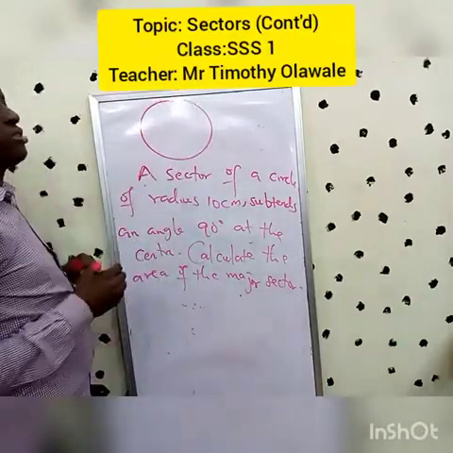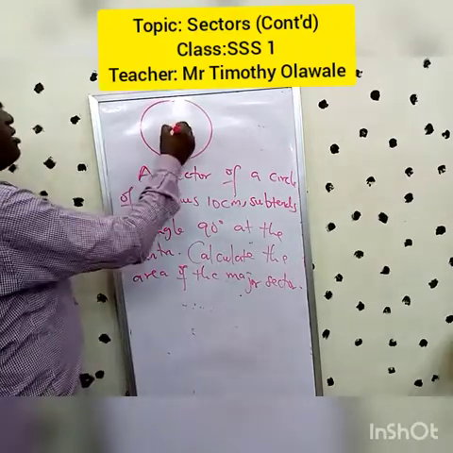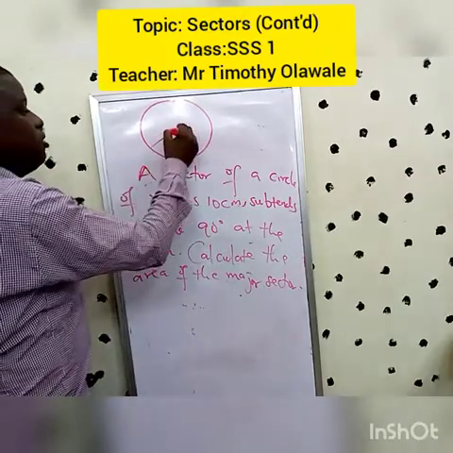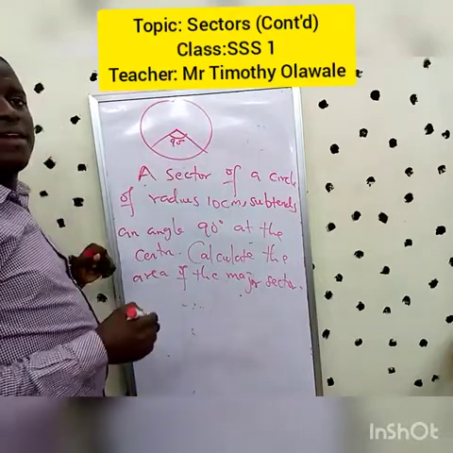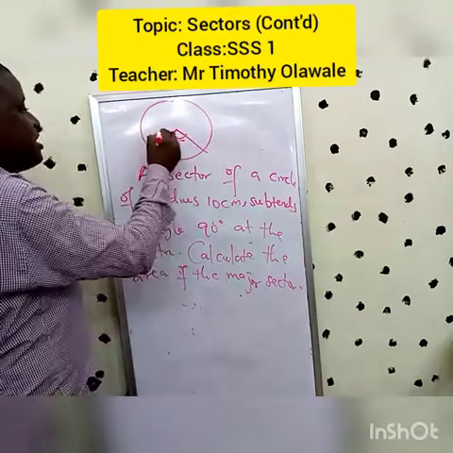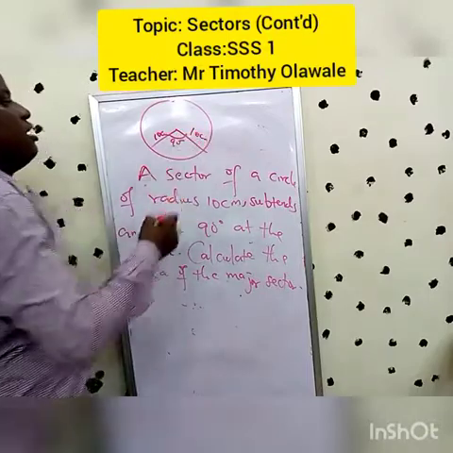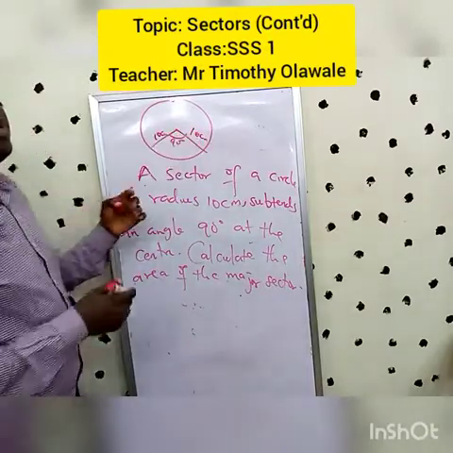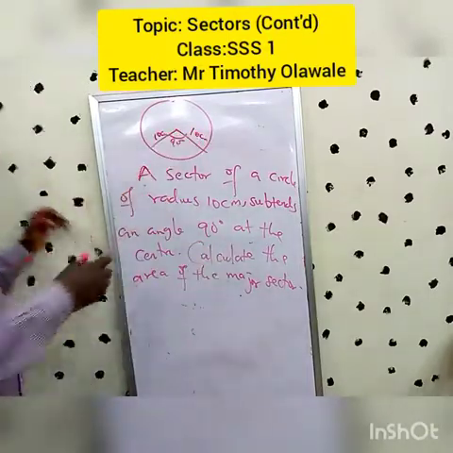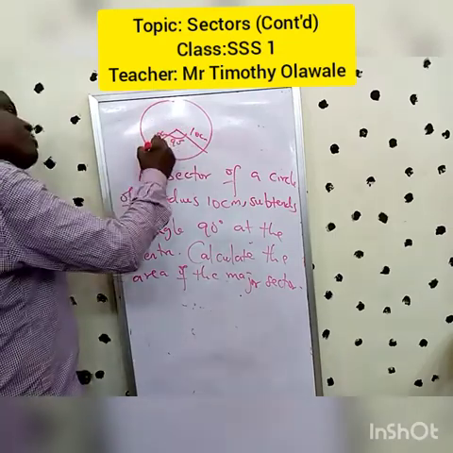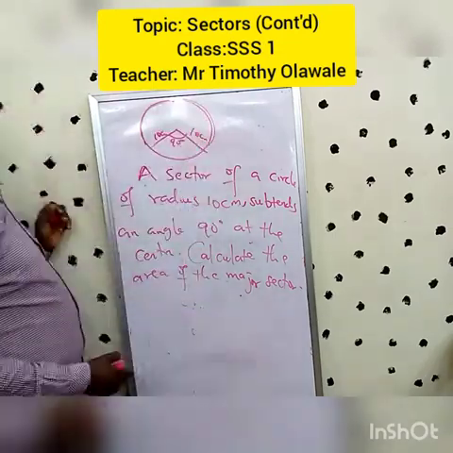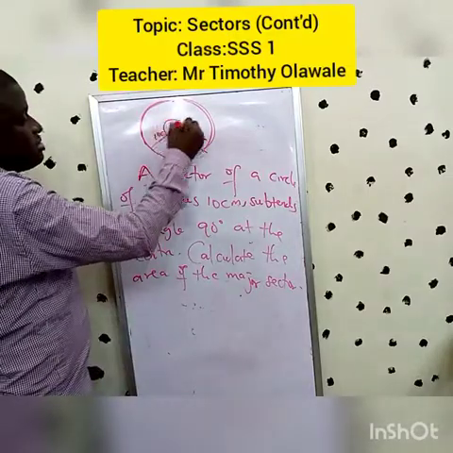Now pay attention to this. We have something like this. Now pay attention. This is 90 degrees. Okay. Now, and the radius is 10 centimeters. So if this is 90 degrees, which is an acute angle, this is obviously the minor sector. So we are looking for the area of this major sector, which is this place.